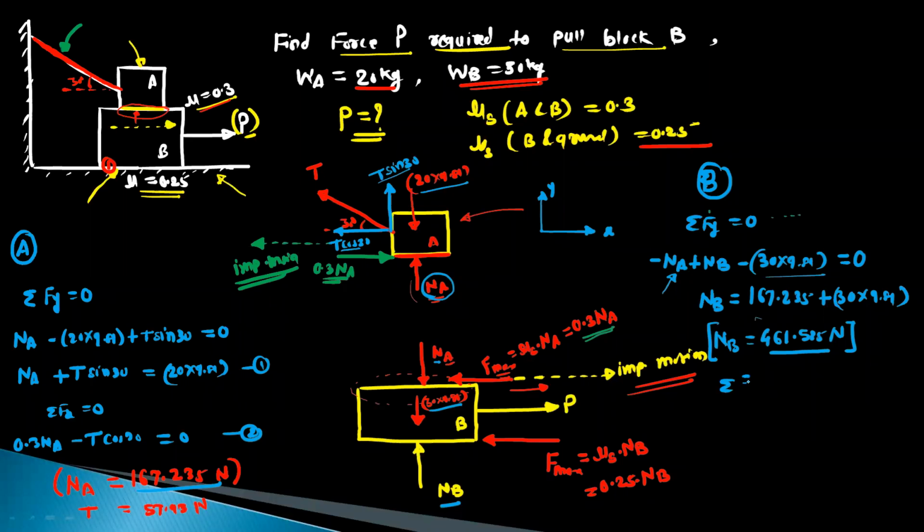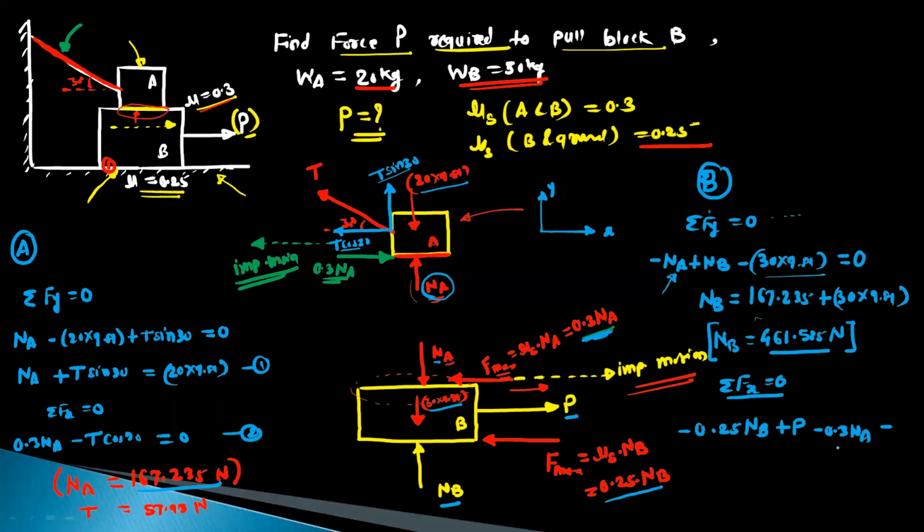Now write the equation summation Fx equal to 0. For summation Fx, consider 0.25 NB in the negative x direction, then the force P on the positive x side, and the friction 0.3 NA, which is also on the negative x side.